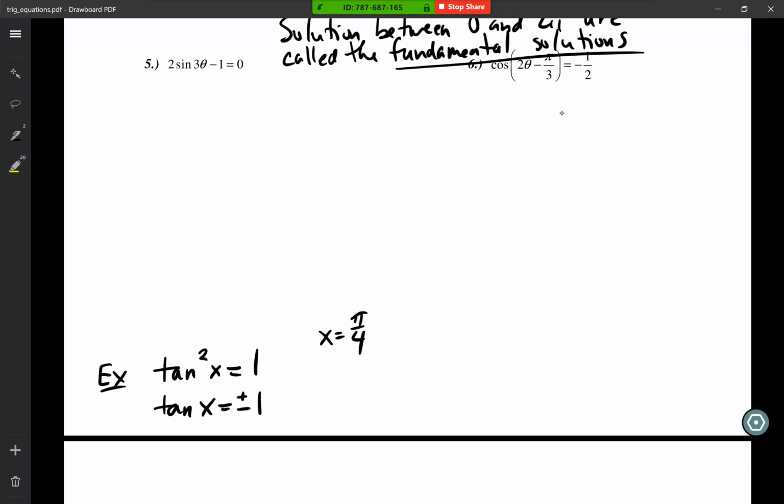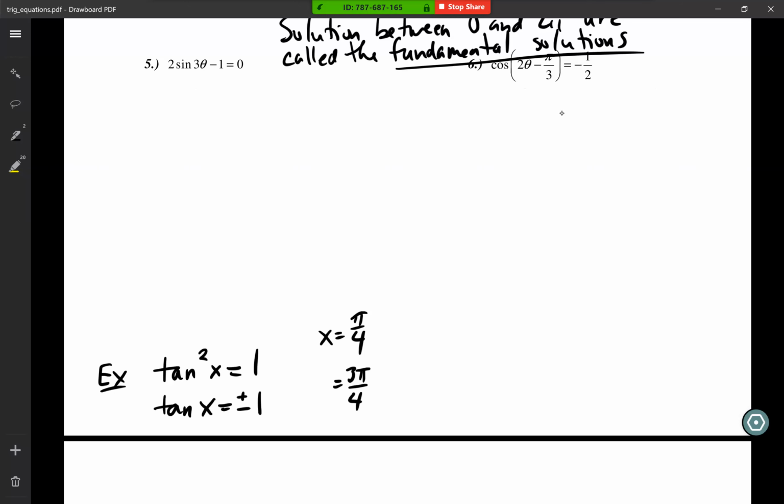This would be the one that's in quadrant 1. We also have one that's in quadrant 2, which would be the 3 pi over 4. Now, I could go through and do the quadrant 3 and quadrant 4 as well.